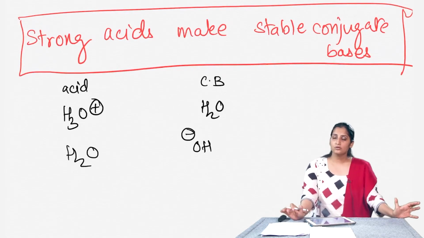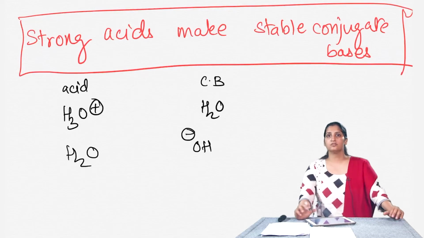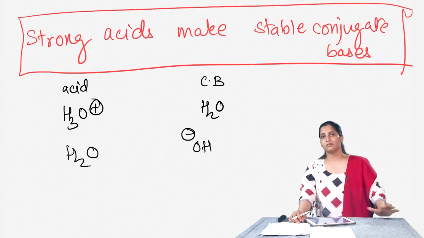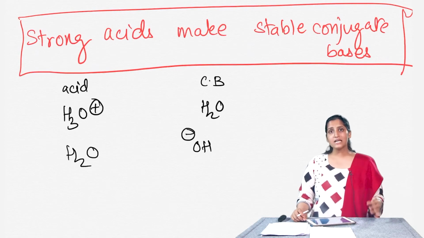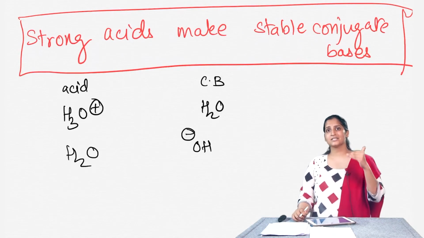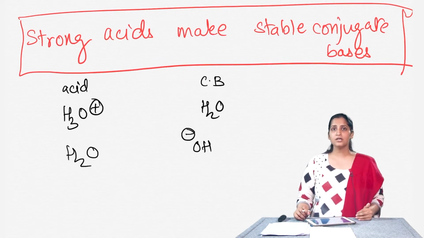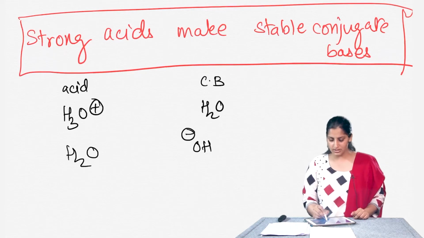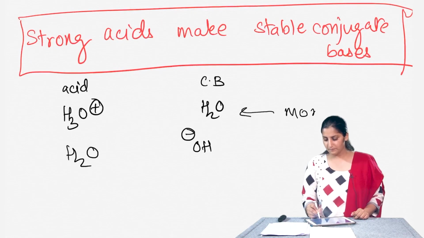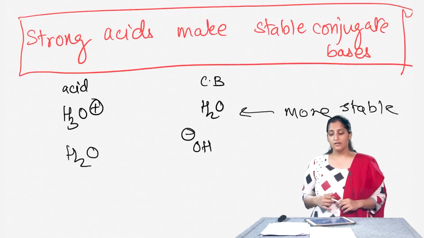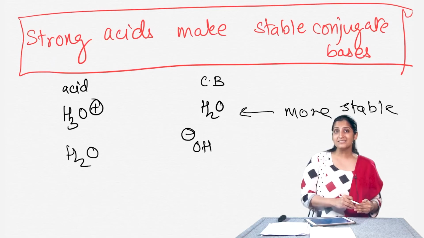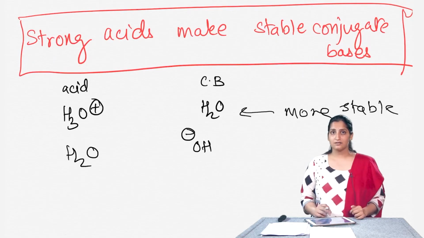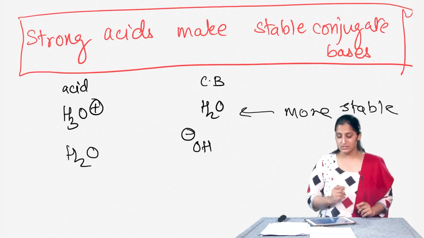Water being neutral, you can find it in nature, an extremely abundant form, whereas hydroxide ion has a negative charge on it, and nature hates charges. So, you can easily say that water is more stable, as a consequence of which H3O plus becomes a very strong acid, and that is also evident based on the pKa.